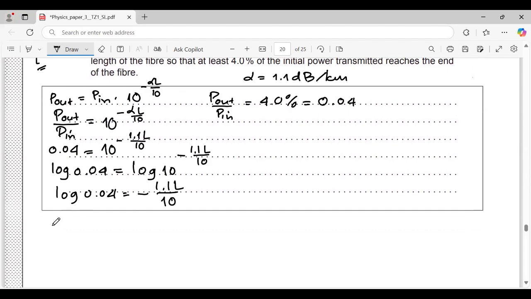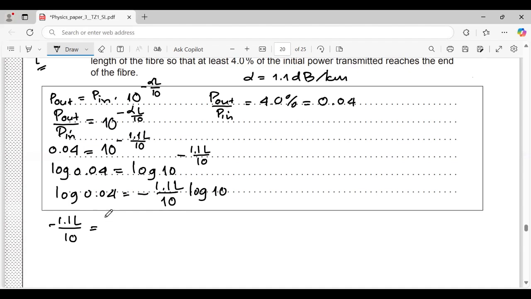According to the logarithm rule, log 10 is 1. So 1.1 L over 10 times 1. It is 1 minus 1.1 L over 10.